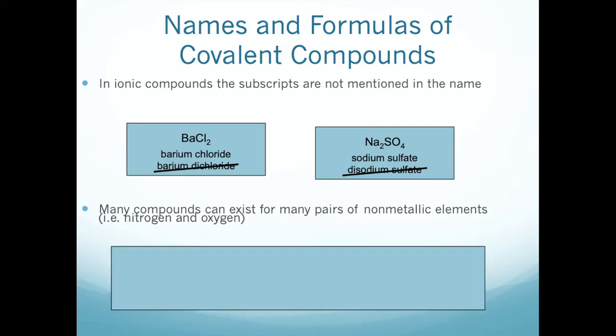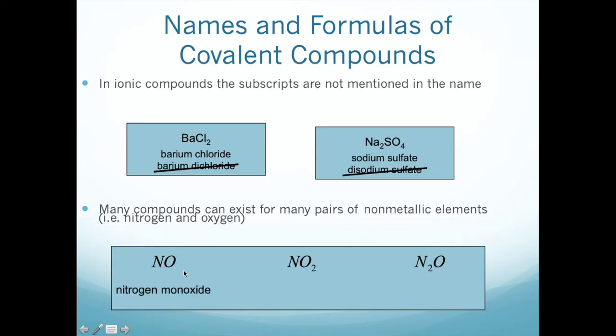But with our covalent compounds, we have lots of different combinations. Look at the combinations of nitrogen with oxygen. You don't know how they're going to combine because there are many different ways to do this. So we need different names to show which formula we're talking about. And this is where we're going to have our Greek prefixes. So look at this first example here on the left. We have one nitrogen and one oxygen.